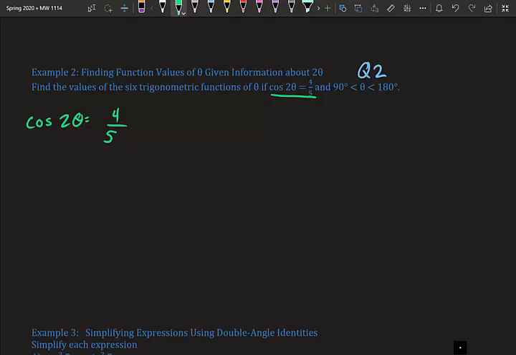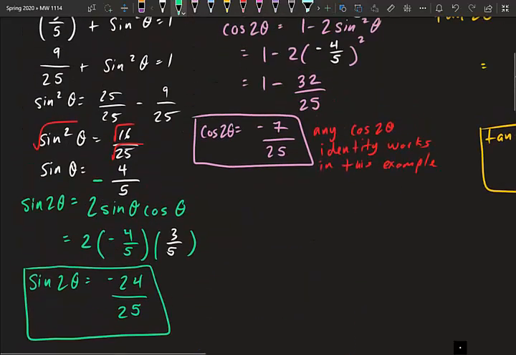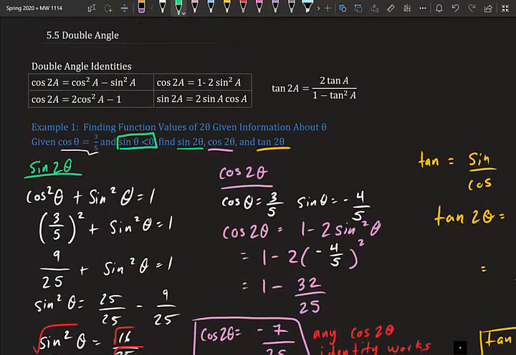We're actually not given cosine, we're given cosine 2 theta. But we can work backwards because we could use any of these identities to figure out a value. Well, we can't have 2 missing values, so we can only use one that has 1 missing value. You see how this only has 1 missing value, and then this one only has 1 missing value. So we can only use these 2.